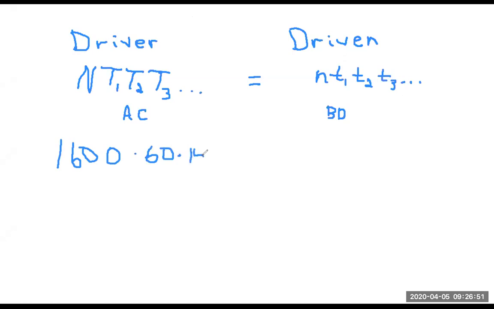We want to find the little guy's RPM, so that's N, and the little guy's teeth were 30 and 48. Pretty simple mathematics. You can multiply these things out and then divide one by the other, and I'll just go straight to the result. And this comes out to be 1,000 RPM.